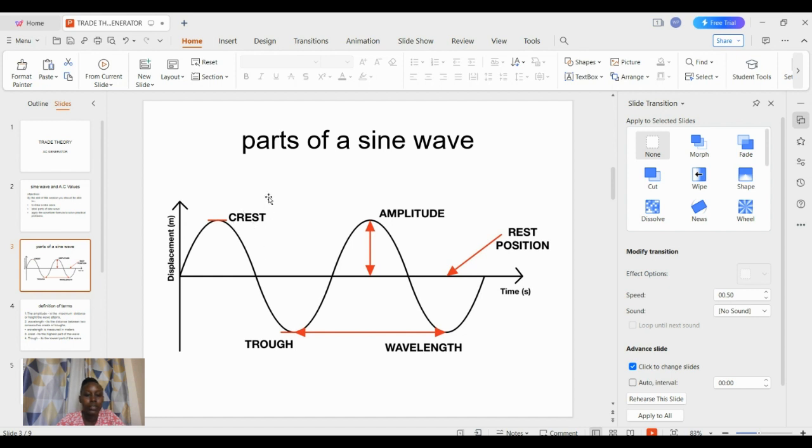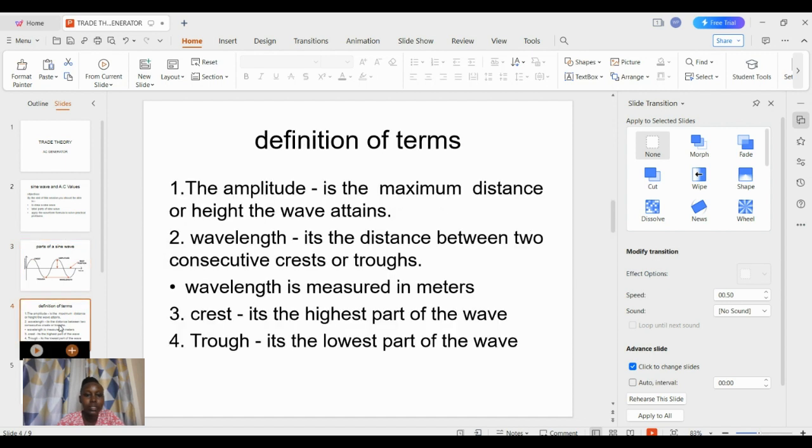And as you can see, trough here and amplitude, we are going to define them by their definitions and see what they are. So very first, let's check on them. The first definition is amplitude.